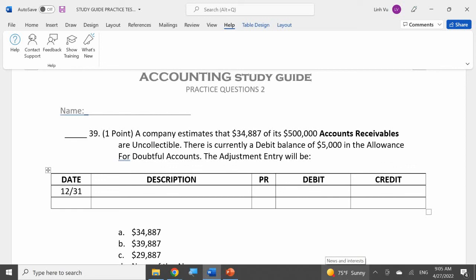Let's see. So in this case, what told you that you had to add these two numbers?